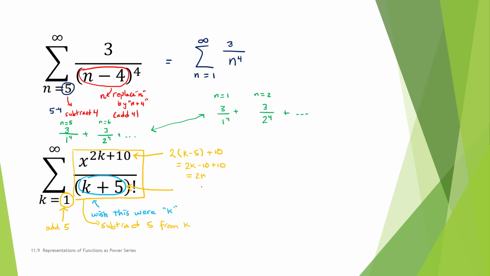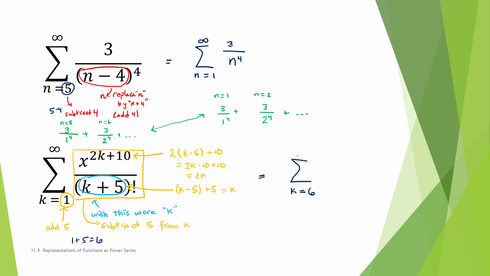Just to be super thorough, the k plus 5, if I subtract 5 from the k, becomes k minus 5 plus 5, which of course is just k. And so my series becomes the sum from k equals, well, I have to add 5, so 1 plus 5 is 6.